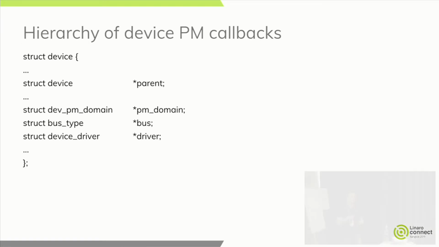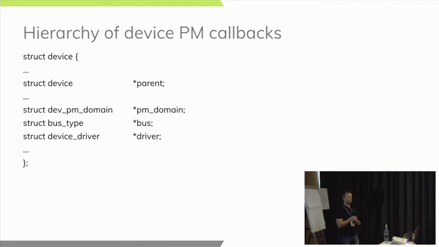To deal with this, you easily understand that we need some kind of hierarchy to represent this, and that's what we have. In this struct device, we have a set of structs, and there is something called driver, of course. I think we all know about that. The driver can have these struct dev PM ops I was talking about earlier. But that can also be on a level above, which is the bus.